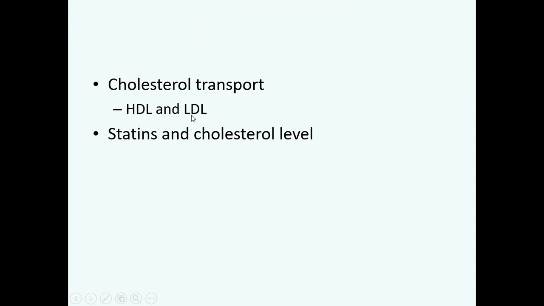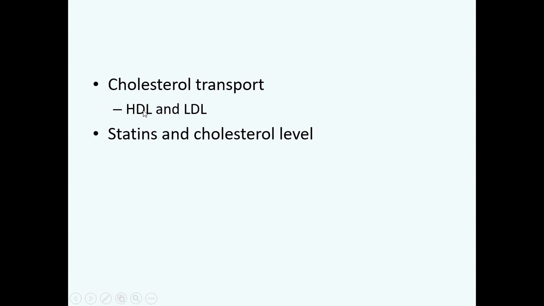LDL transports cholesterol from the liver to other parts of the body. Sometimes LDL cholesterol is also called bad cholesterol because it results in deposition of cholesterol in circulation.